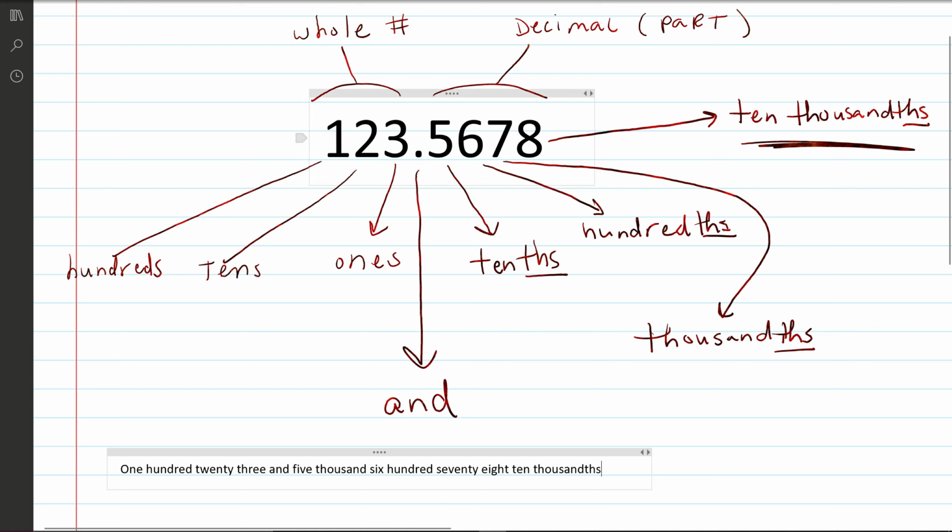So again, you say the left side of the decimal point just as you would a regular whole number, 123, the decimal point, you say the word and, then the right side you read just how you see it, 5,678, and then you put whatever place it's in for that last number, ten-thousandths.